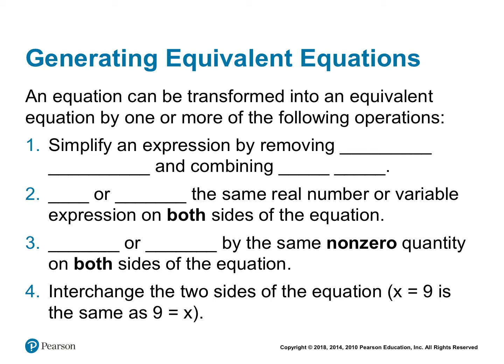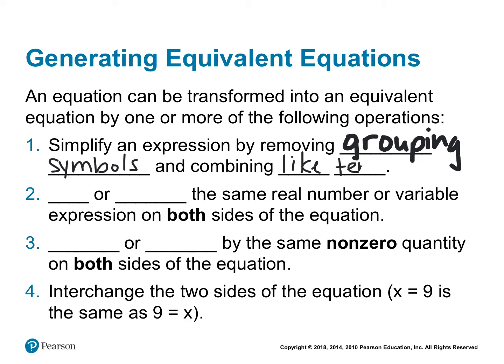So step 1, you're going to simplify an expression by removing grouping symbols and combining like terms. So if you have two different sets of x's, you could put those together.